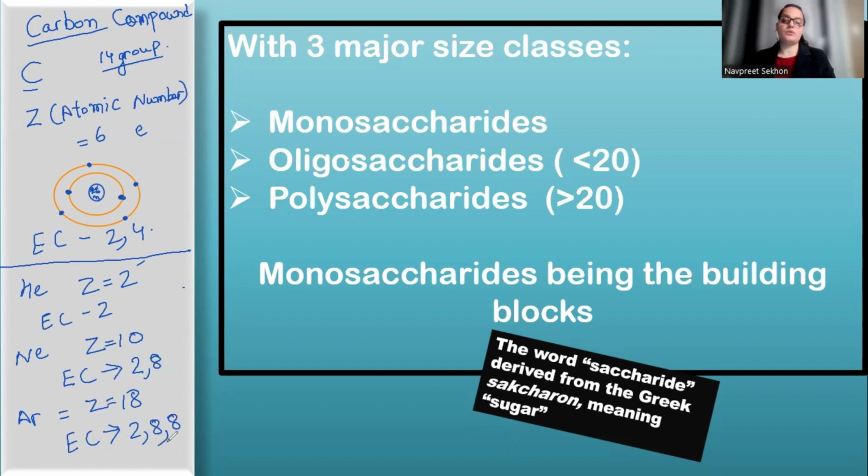So now we have to go to the third shell. Third shell means, let's put the formula over here, 2n squared, which is 2 times 9, meaning it can accommodate 18 electrons, but here there are just 8 electrons in this shell.